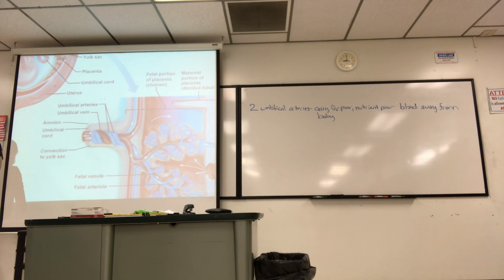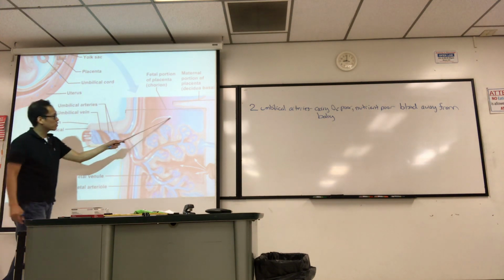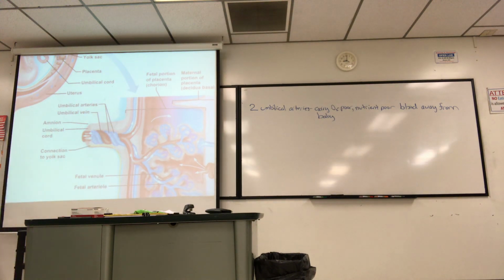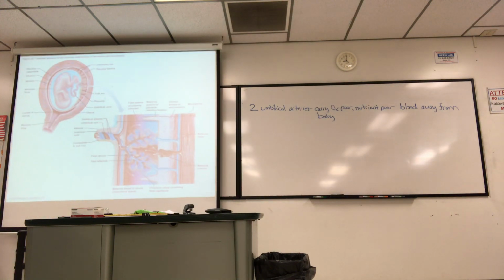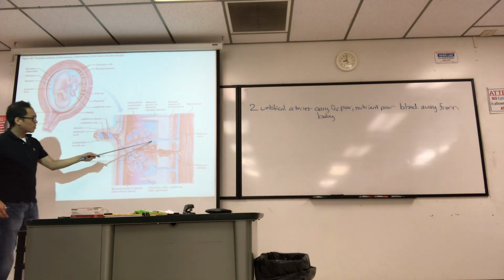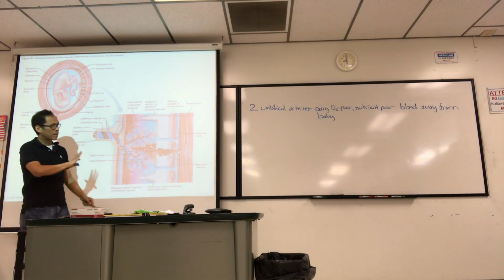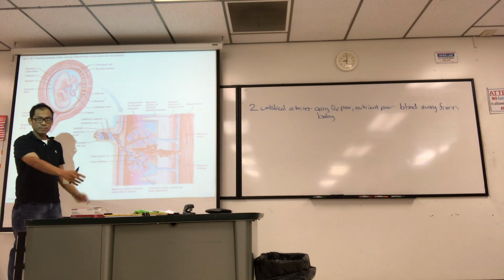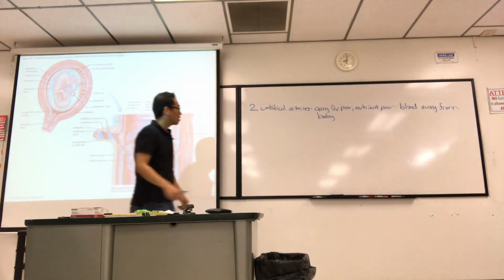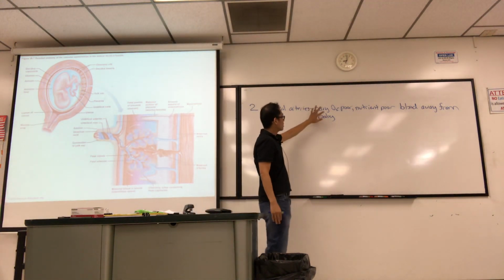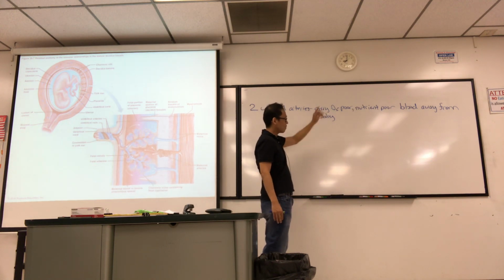Mom has to deal with it. So if you look at the gas exchange here, pull back a little. See the white arrows showing the direction of blood flow? Maternal veins will take that blood away. Okay, mom deals with that. All the waste and stuff that baby's getting rid of is here, and mom deals with it.